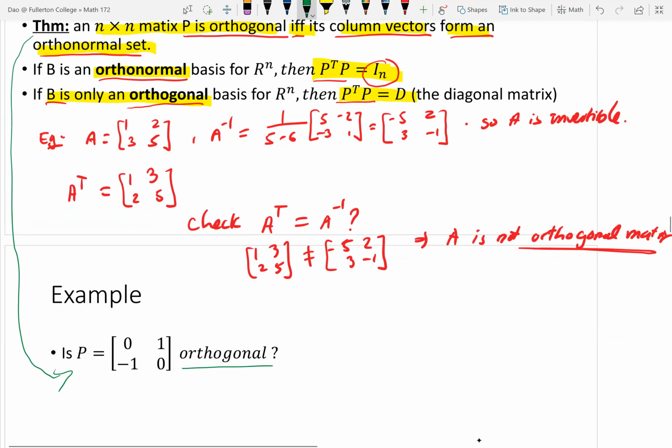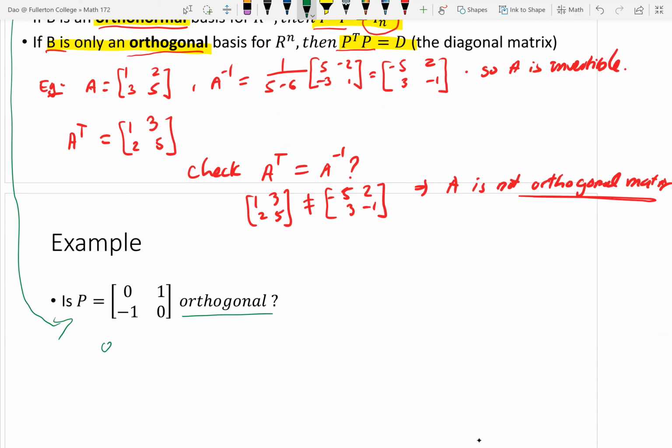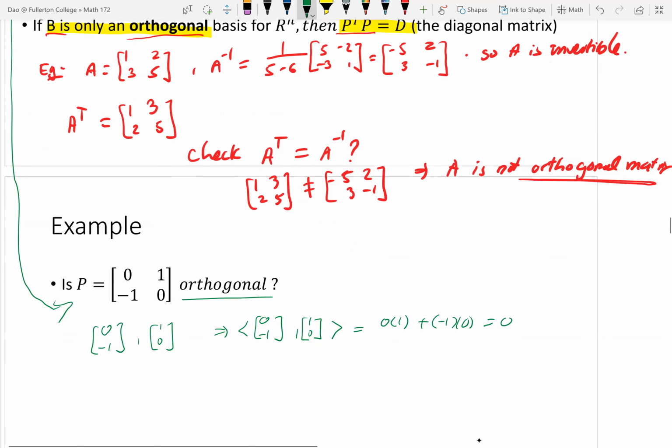So 0, -1 is the first column, and 1, 0 is the second column. When you take the inner product between them, we get 0 times 1 plus -1 times 0, which does give you 0.